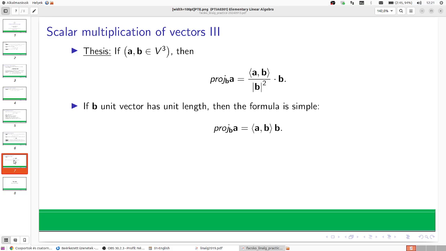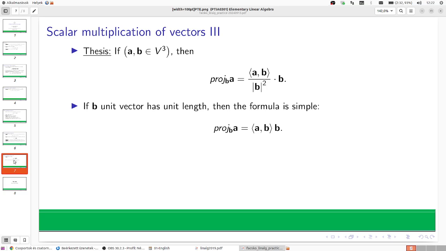So the task is to calculate this, and yeah, the real task is to calculate that. That is not very simple.